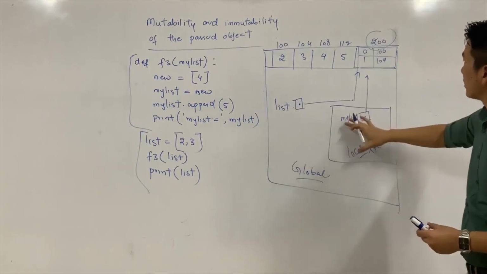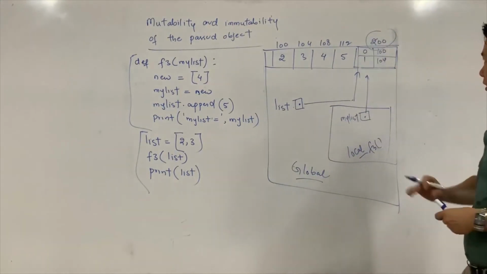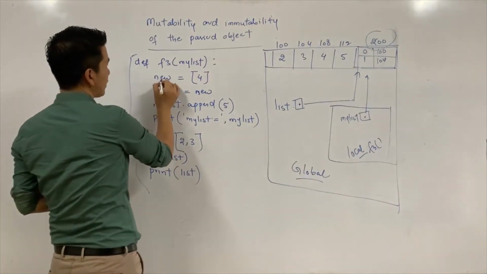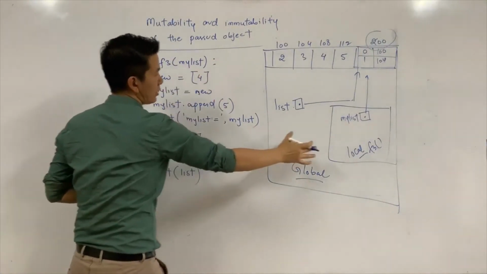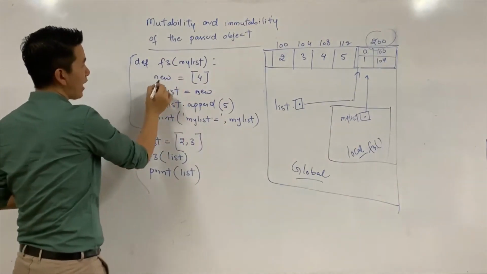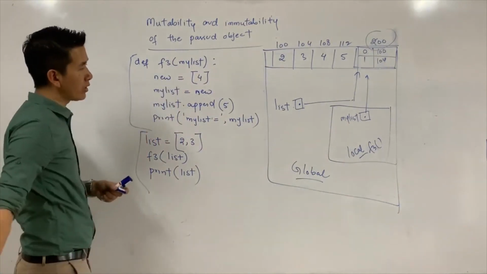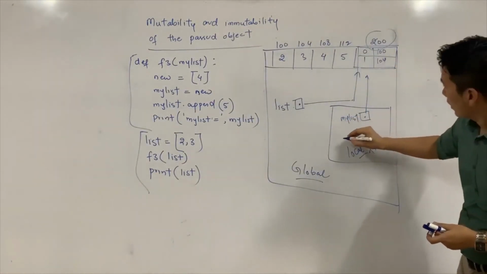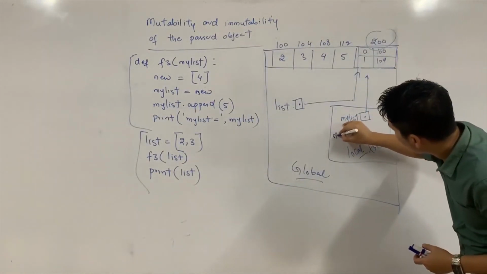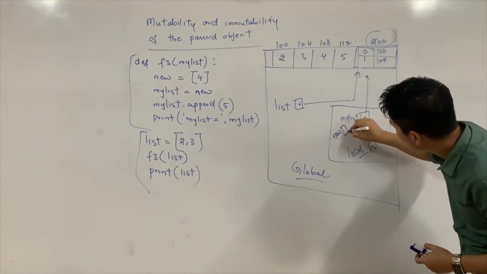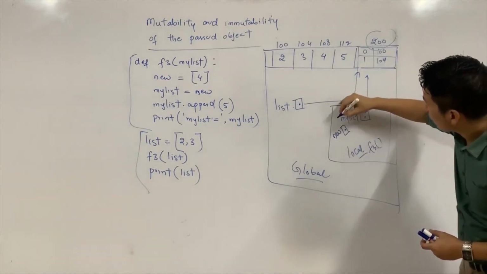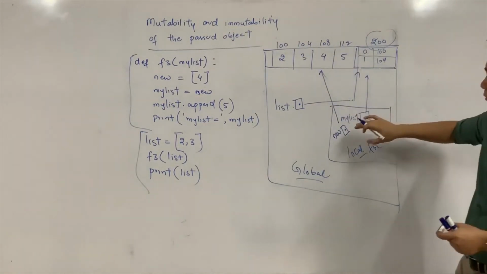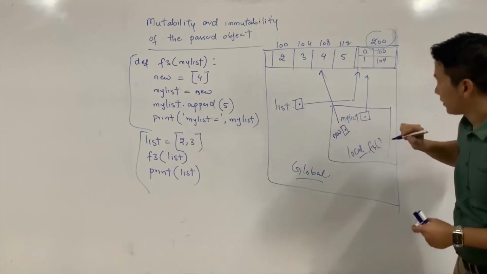So list and my list are both pointing to the same address. Now look here. This time in the local scope or local environment of F3, I have a new list called new. This new list is pointing to 108.